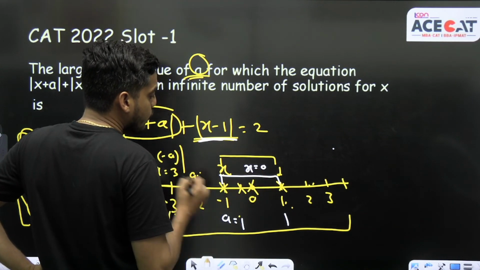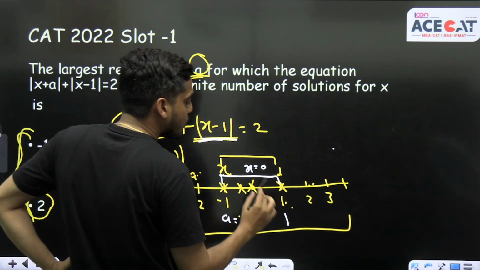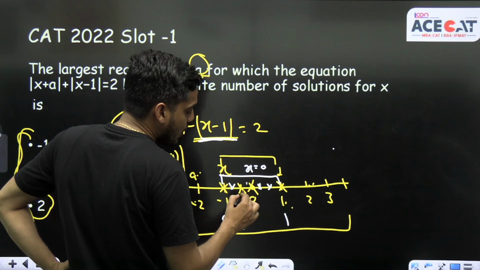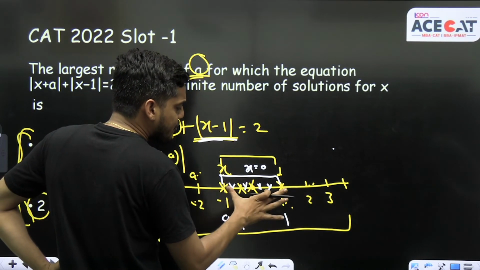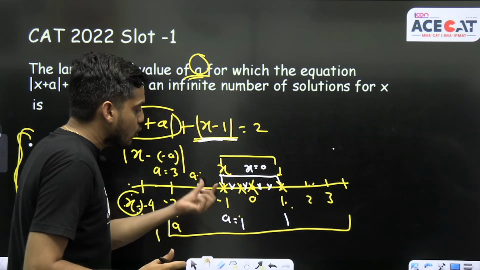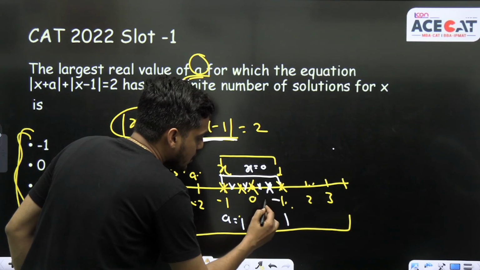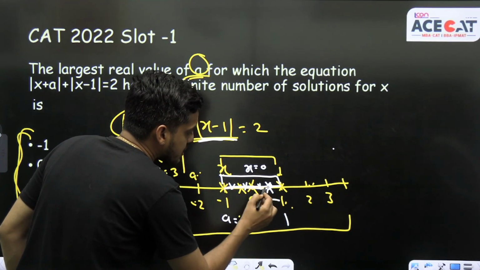I can assume x anywhere between minus 1 and 1. I will have infinite points between minus 1 and 1, and the sum of the 2 distances between these points will remain 2.